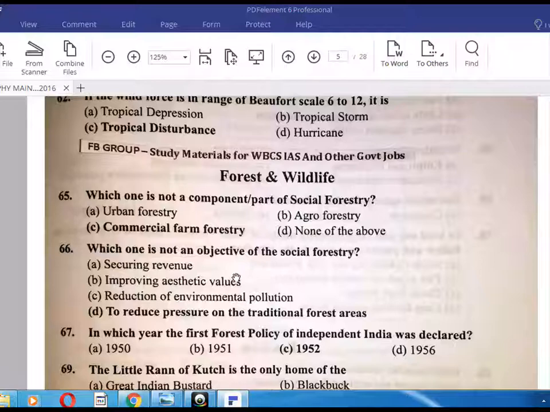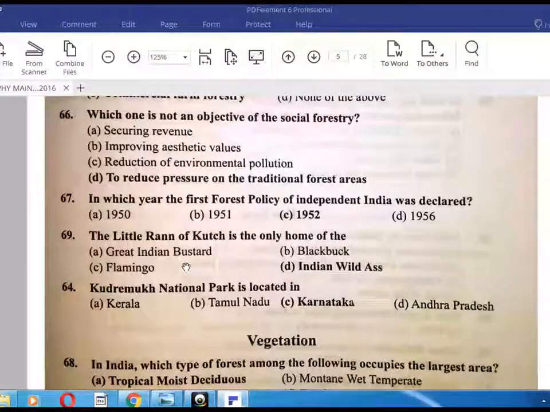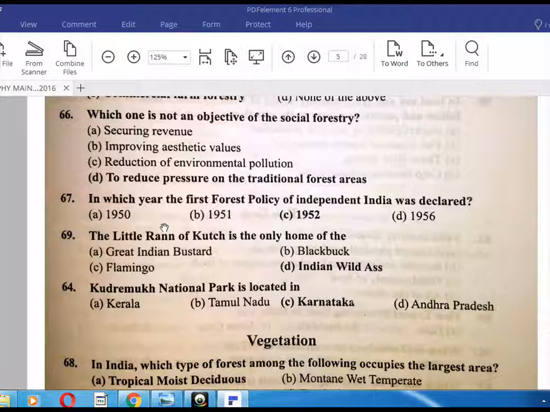But all are objectives of traditional forestry, like securing revenues, improving aesthetic value, and the reduction of environmental pollution. In which year was the first forest policy of independent India declared? 1952. Okay, first forest policy.